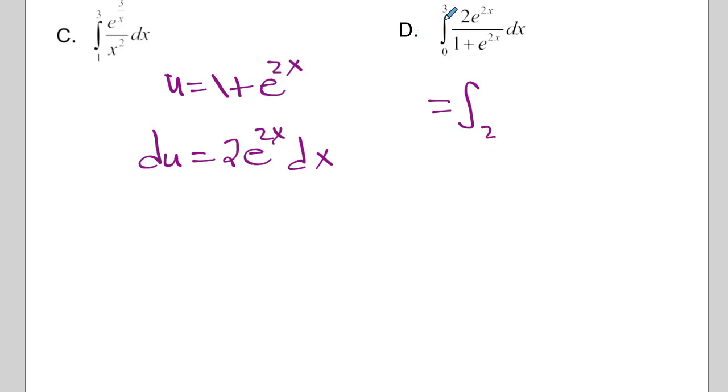And if we put in 3, we get 1 plus e to the 6x, or rather 1 plus e to the 6. All right, and I'm going to leave it just like that because I don't want to do any rounding at this point, okay? And we can look at this as du over u.